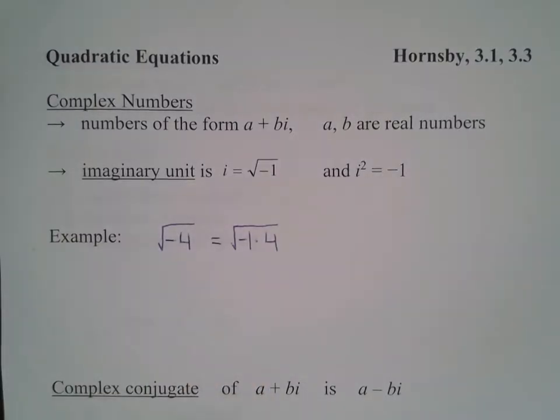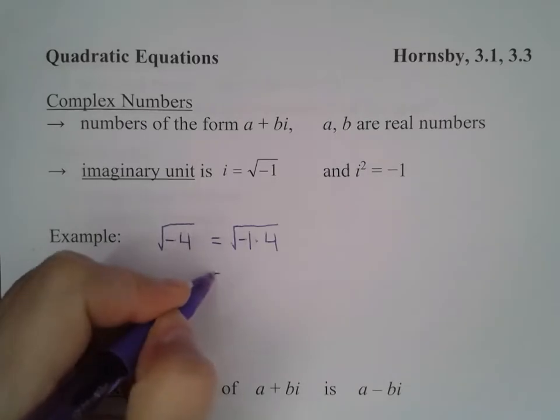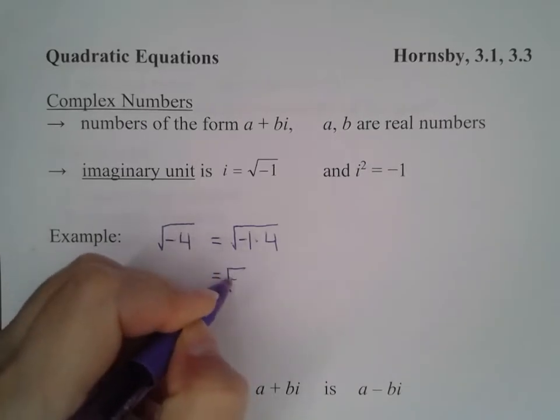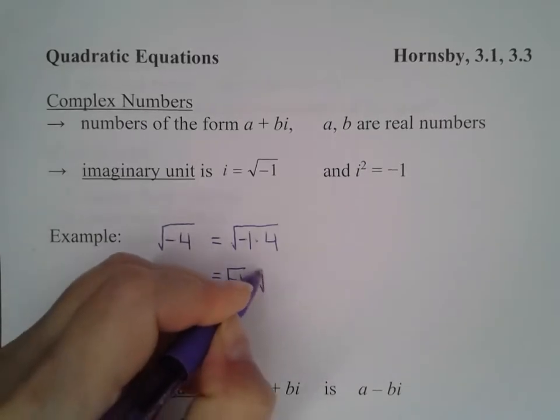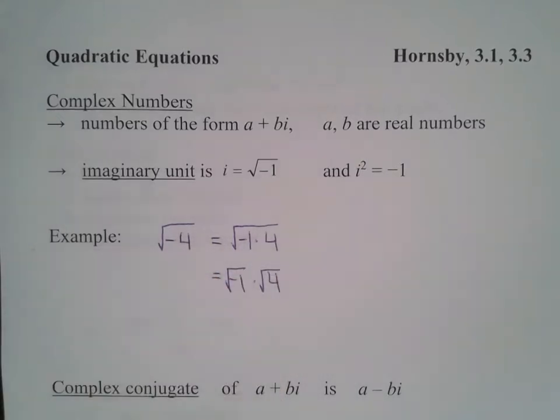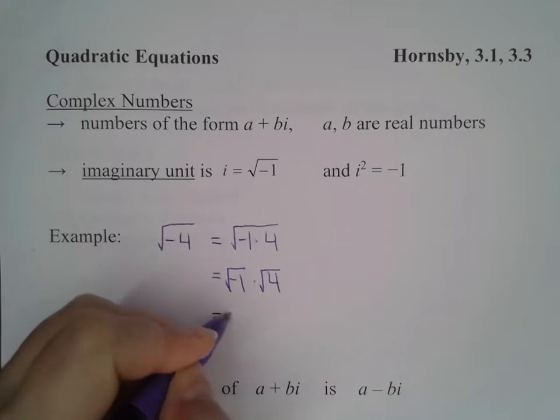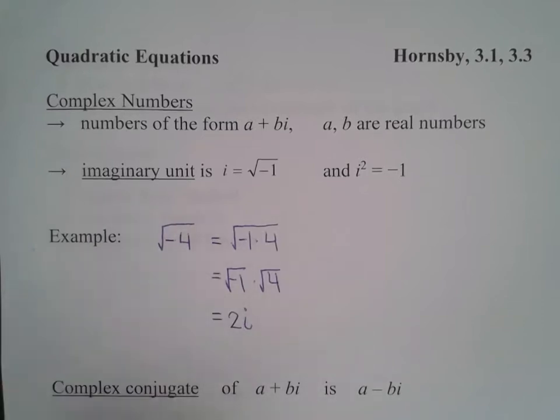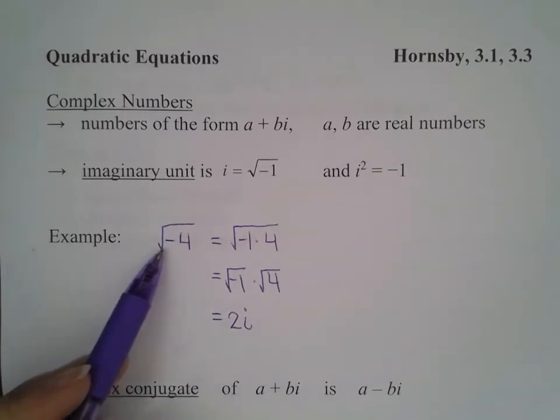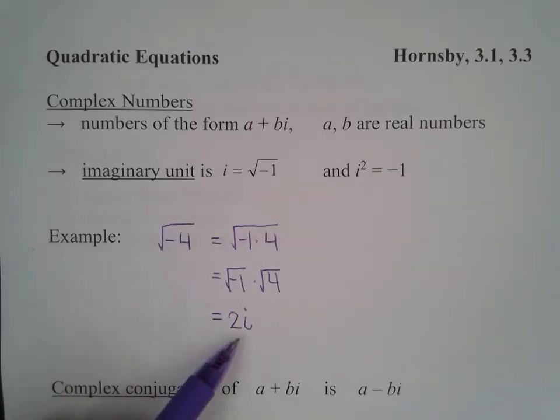You could break up -4 into -1 times 4. The square root of -1 is where we get the i. And the square root of 4, we know that's 2. So this becomes 2i. Okay, and anytime we have a negative under the square root, we're going to rewrite it with i.